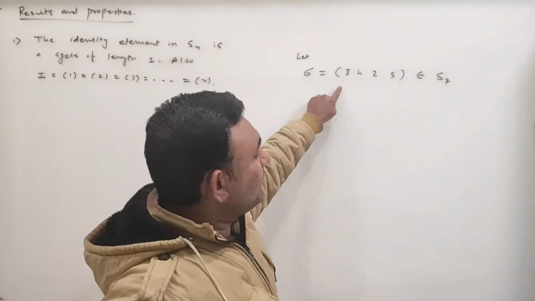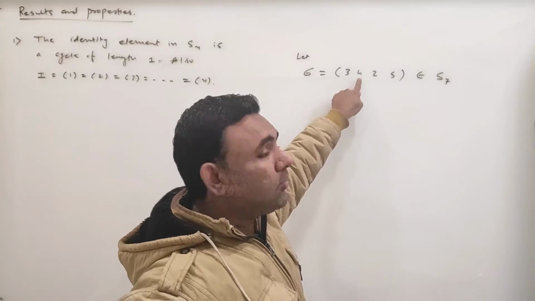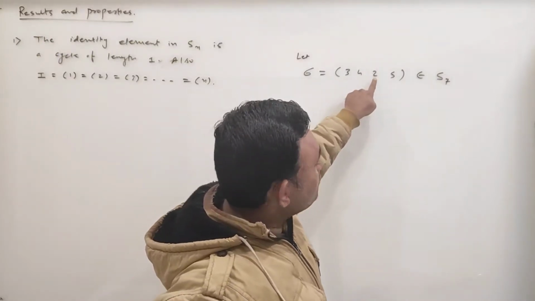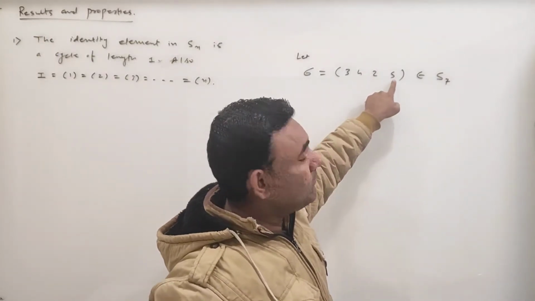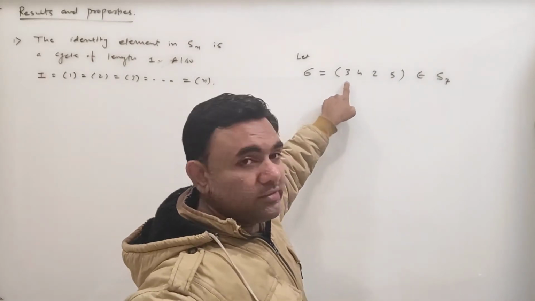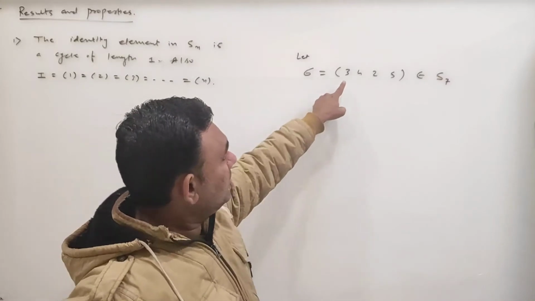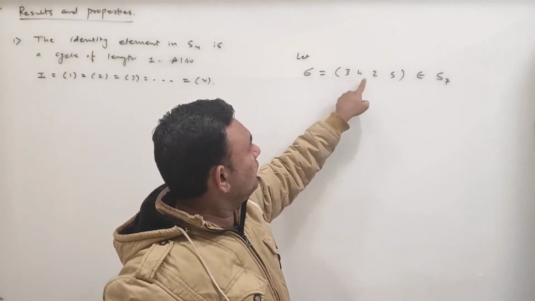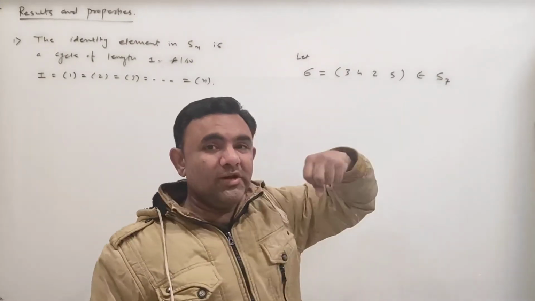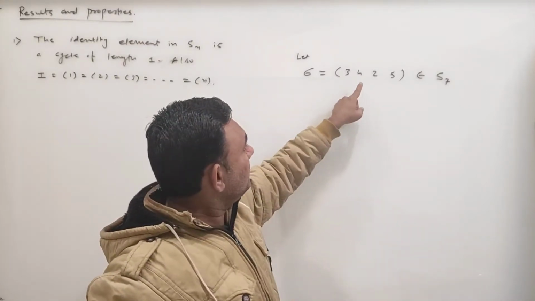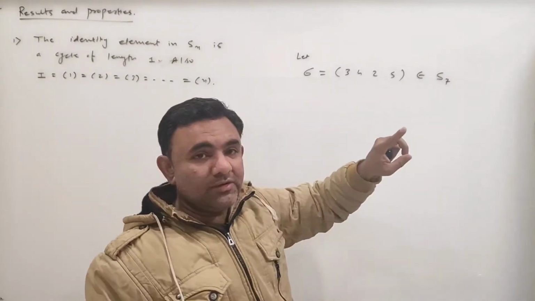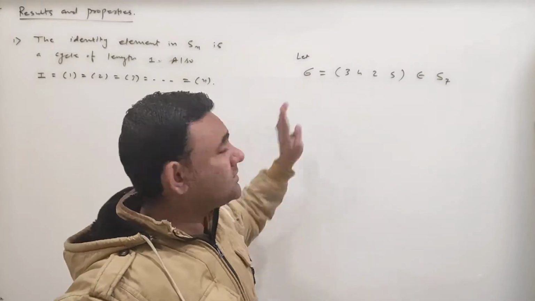So what does it mean? Image of 3 is 4, image of 4 is 2, image of 2 is 5, and image of 5 is 3, and the objects other than these 3, 4, 2, 5, so there are remaining 3 objects, that is 1, then 6 and 7, so they are invariant under this sigma.